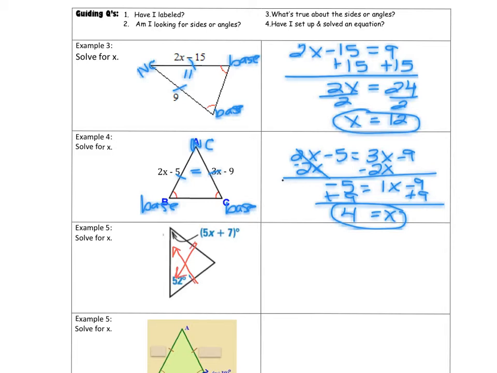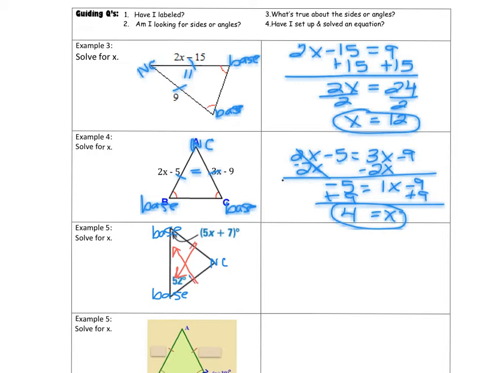Those two right there are my base angles. Base is down here, and base is over here at the end of my arrow. Therefore, this is non-congruent. So have I labeled? Yes. Am I looking for sides or angles? I'm looking for angles. But how many angles do I know or have some information about?